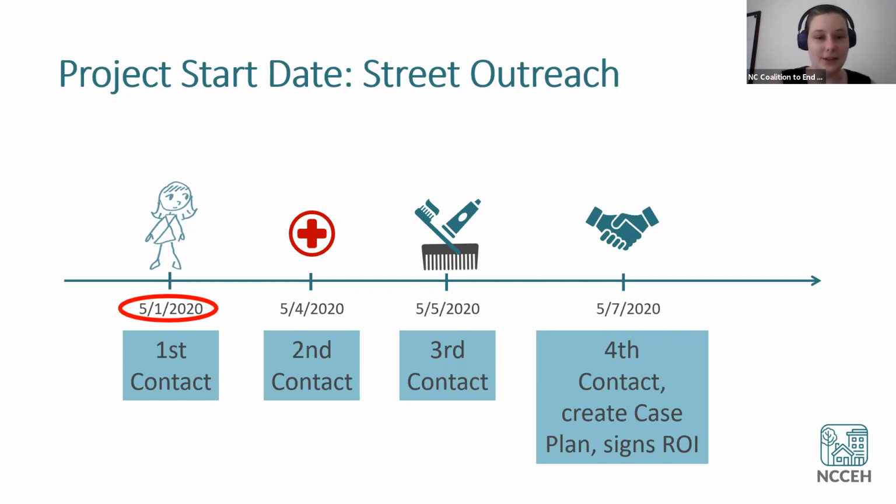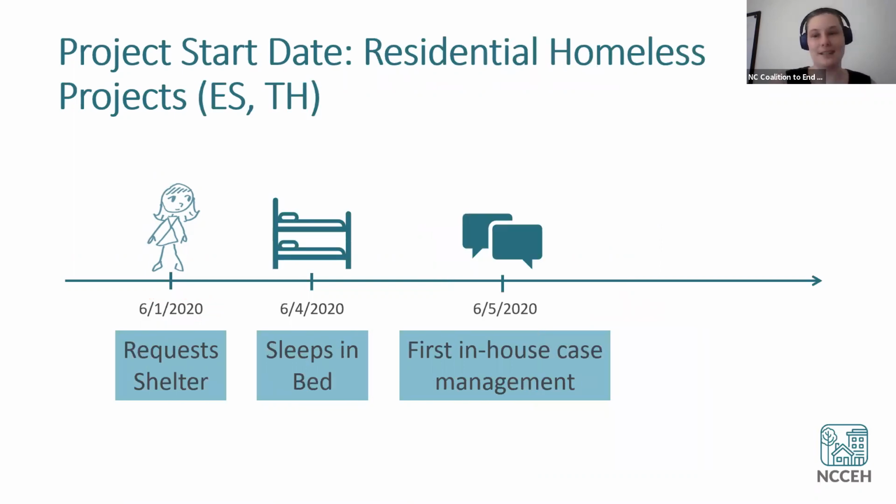All right, let's go to our residential homeless projects next and talk about when the start date would be for this client. I'm going to launch this now. Henrietta has been working with her street outreach worker and requests shelter the following month, on June 1st.